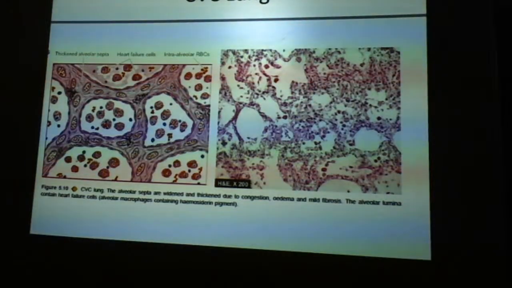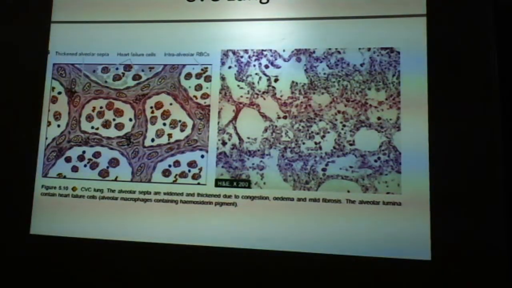If you see the microscopy, which is very important, this is the slide we are going to show you. First identify that it is lung tissue. Can you see these spaces? These are the alveolar spaces and this is the septa. Normally the septa will not be so thick. This is the actual real picture of CVC of the lung and this is the diagrammatic representation, which is what you have to write in your record books.